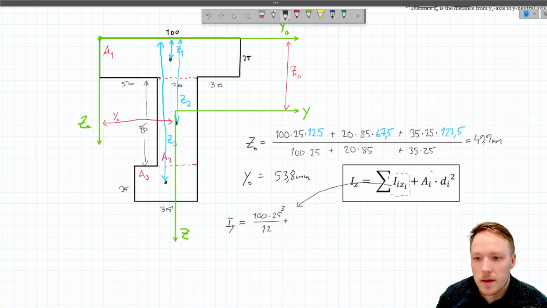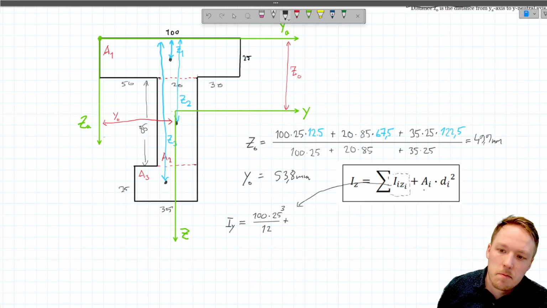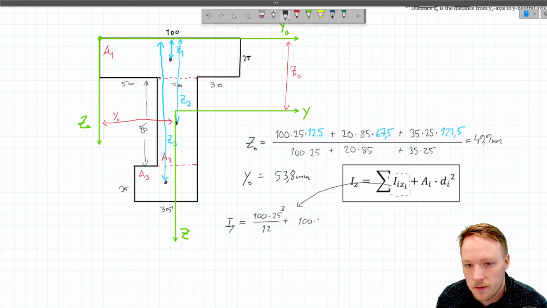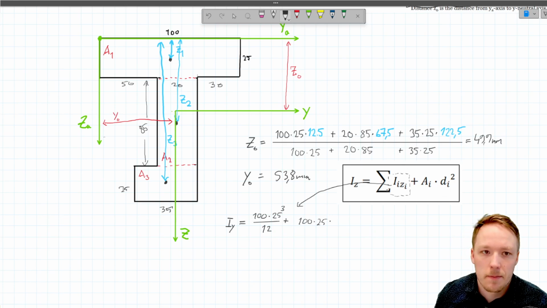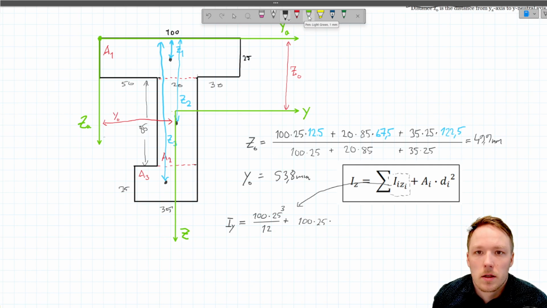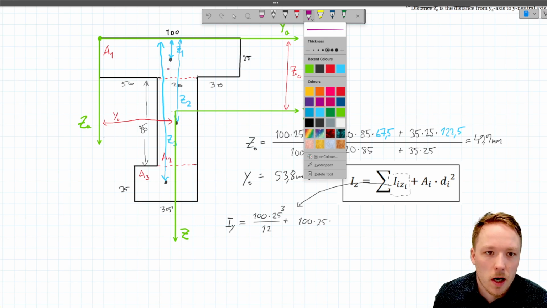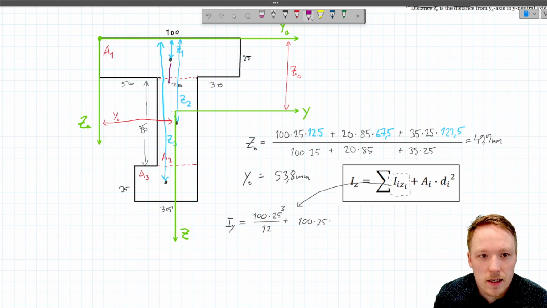And then we have to add the area multiplied by d, which I will explain in a moment. So the area of this area number 1 is 100 millimeters times 25 millimeters. And then we have to multiply this by d. And the d is now the distance from the neutral axis of area 1 to the neutral axis of the entire profile.